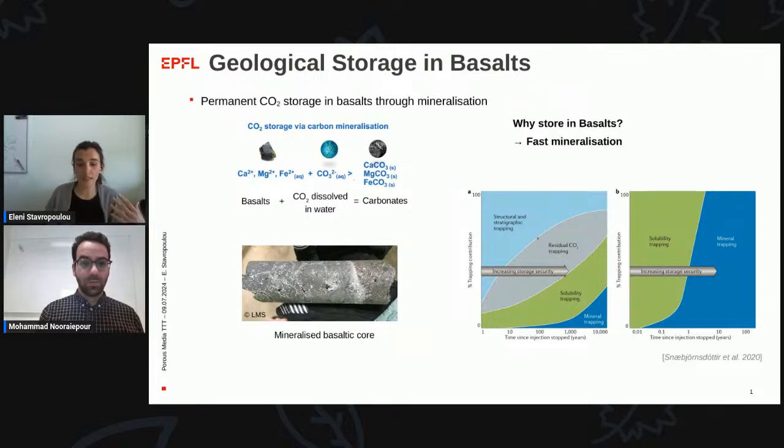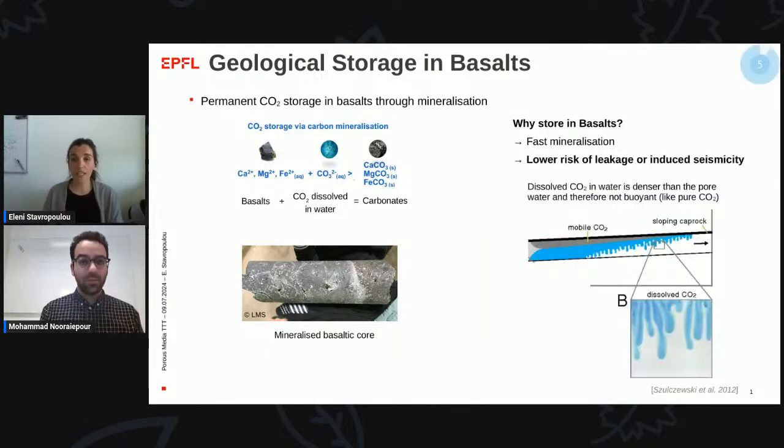So in, let's say, traditional geological storage in deep saline aquifers, we see that to achieve secure and stable storage, we need multiple decades. Instead, with mineralization, permanent storage is supposed to happen within a couple of years, which makes this technology very attractive. In addition, there is a much lower risk of leakage and induced seismicity.